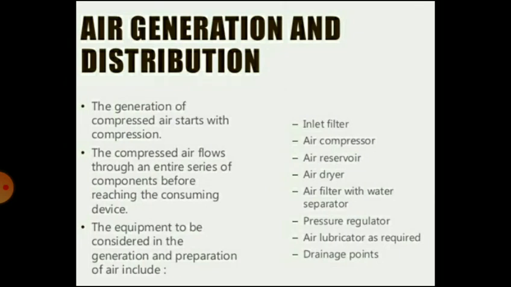Now air generation and distribution. The generation of compressed air starts with the compression. The compressed air flows through an entire series of components before reaching the consuming device. The equipment to be considered in the generation and preparation of air includes: inlet filter, air compressor, air reservoir, air dryer, air filter with water separator, pressure regulator, air lubricator as required, and drainage points.